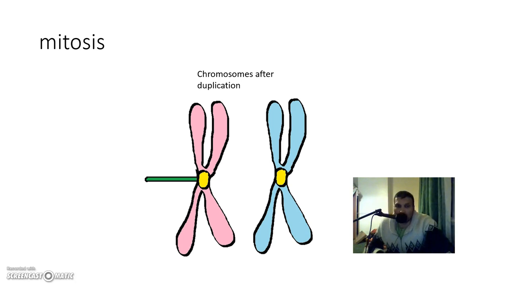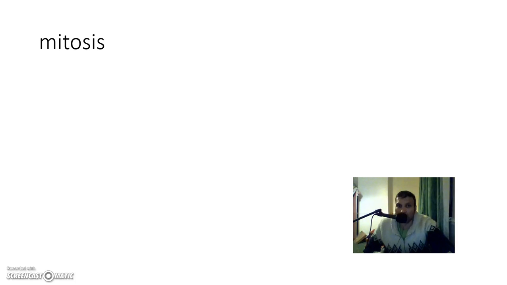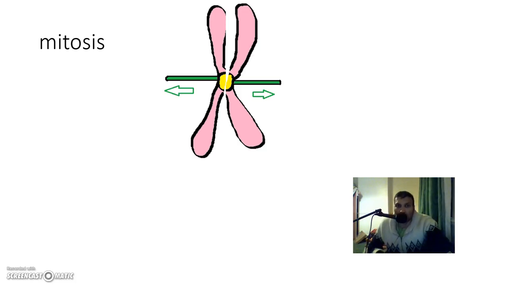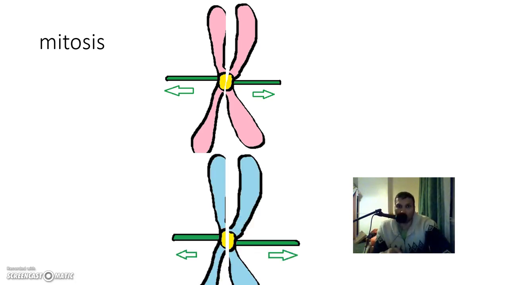The sister chromatids now attach to microtubules arising from opposite poles of the cell, and this is called biorientation. So there's a tug of war because of the centromeres being pulled apart from different directions, and so the chromosomes align themselves along the metaphase plate, and now they are pulled into opposite directions.